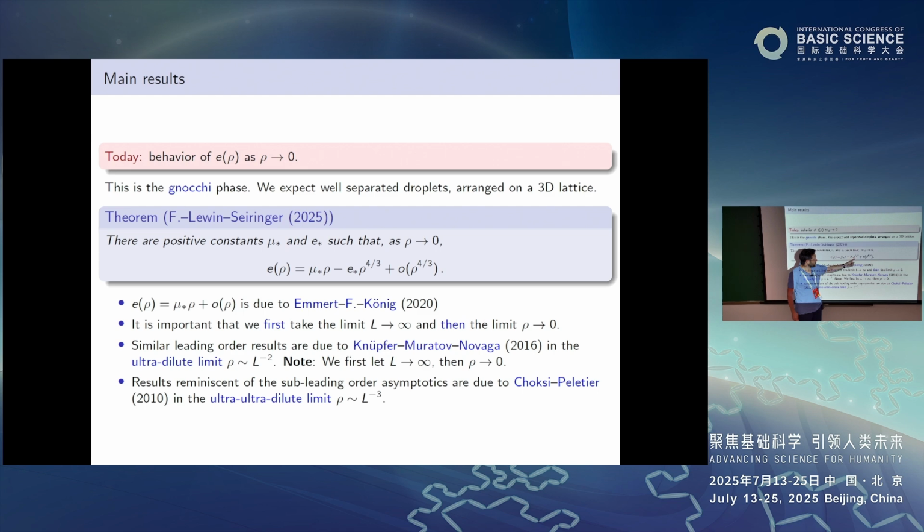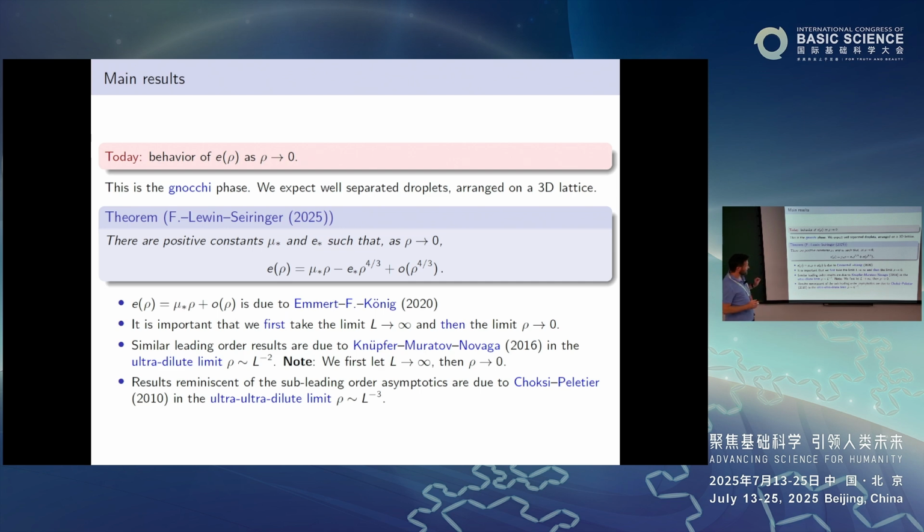Then there's a term of order rho to the 4/3, and then there's a small remainder. And what I will tell you, of course, is what mu star is, what E star is, and what these numbers mean. And what I want to convey to you is that understanding these numbers means understanding this gnocchi phase on the previous picture.